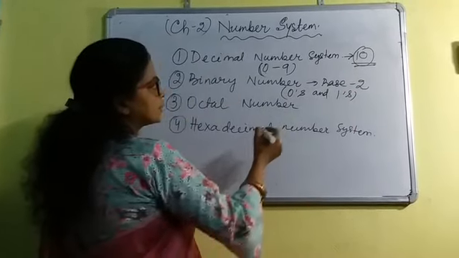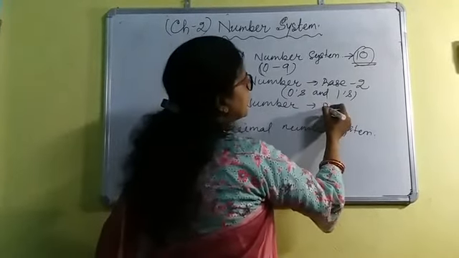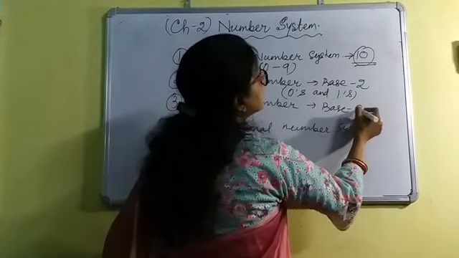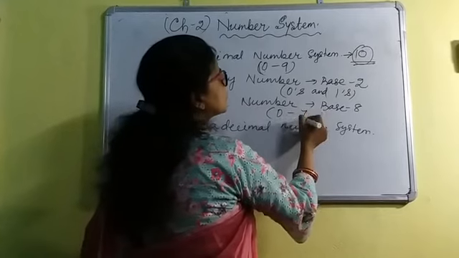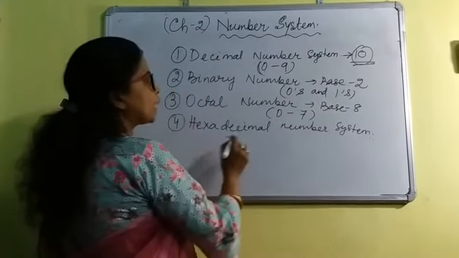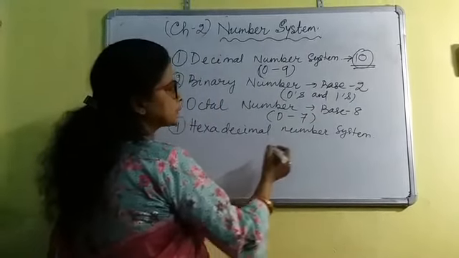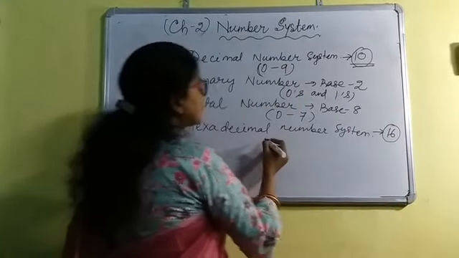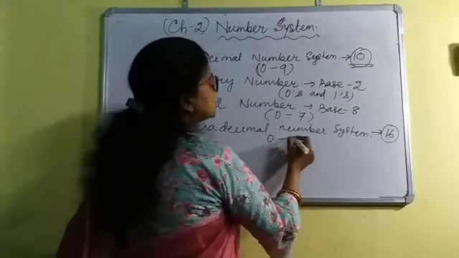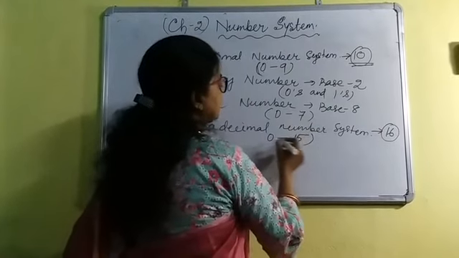In the octal number system, the base is 8 and it consists of digits from 0 to 7. In the hexadecimal number system, the base is 16 and the digits are 0 to 15.